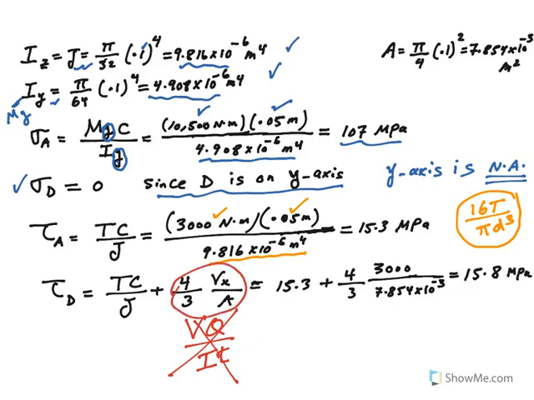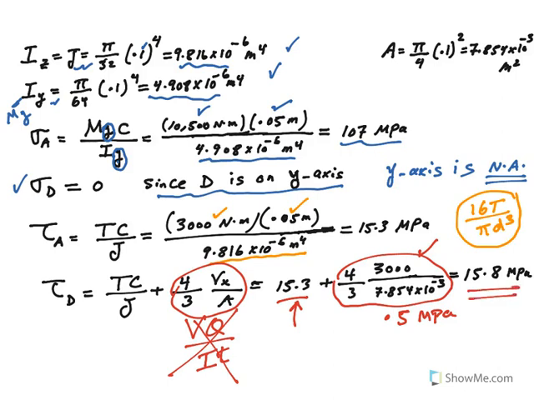Use the much easier equation, 4/3 V over A. If you do the calculation, this is 15.3, and this comes out to be roughly 0.5 megapascal. So this is what I was mentioning in class, guys. The shear stress due to transverse load is much smaller than the shear stress due to twisting. It's very insignificant, and that's why usually in design we ignore that. But look, that becomes 15.8.